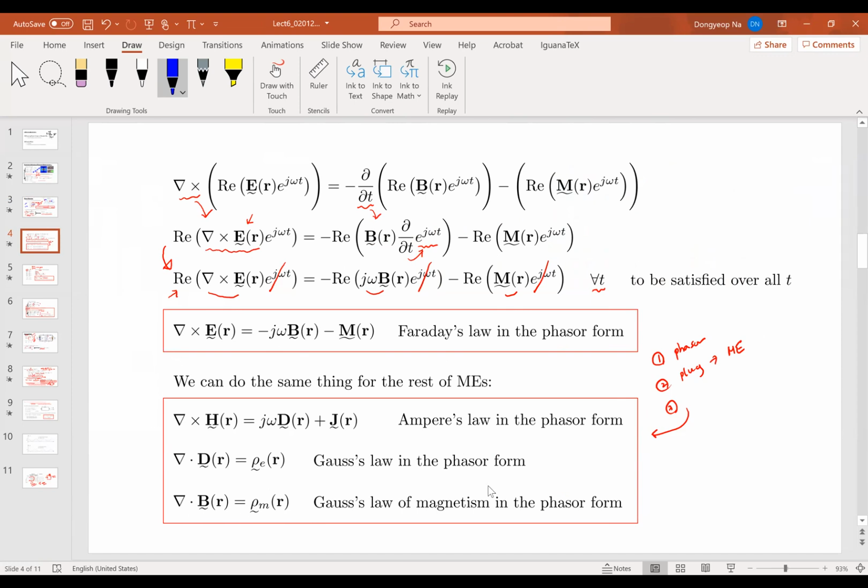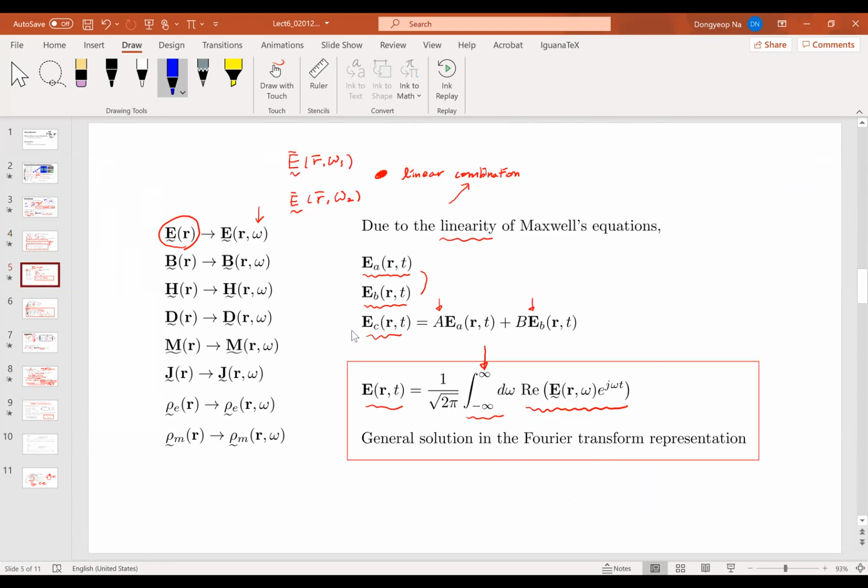So we have Maxwell's equations in the frequency domain. This is just a solution for a single frequency. We can use the principle of linear superposition to describe an arbitrary, non-time harmonic field by using the linear superposition of all the single frequency solutions.